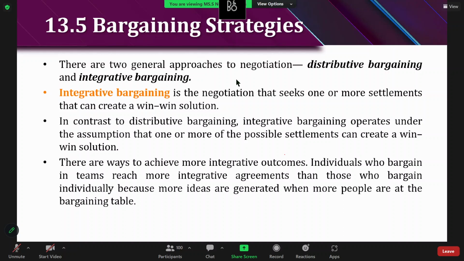Individuals who bargain in teams reach more integrative agreements than those who bargain individually, because more ideas are generated when more people are at the bargaining table.